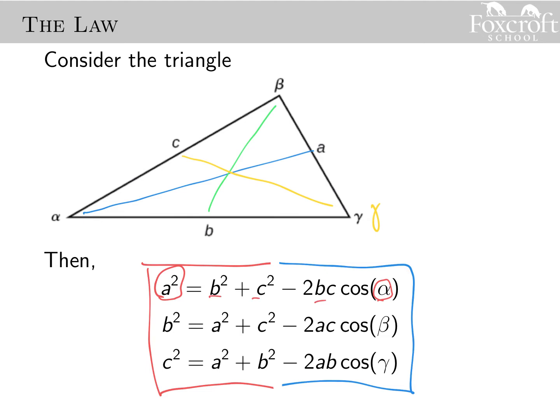So if I know the angle alpha, that corresponding side is only going to come up once, and all the other sides come up multiple times. You can use this to your advantage in deciding which of these 3 you're going to use. So keep these in mind as we start working on the examples.